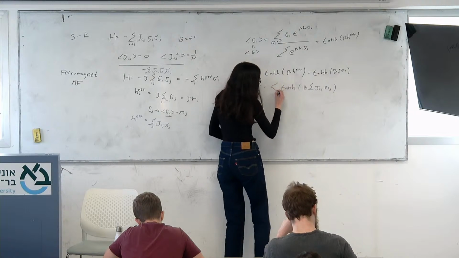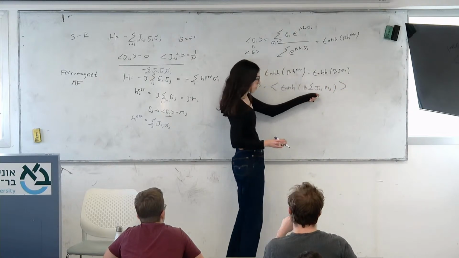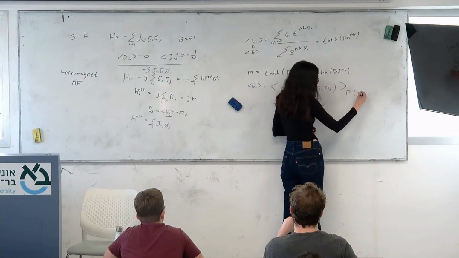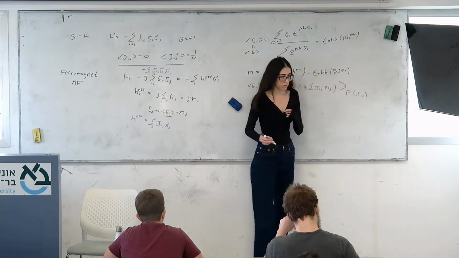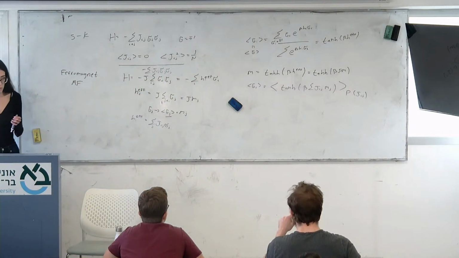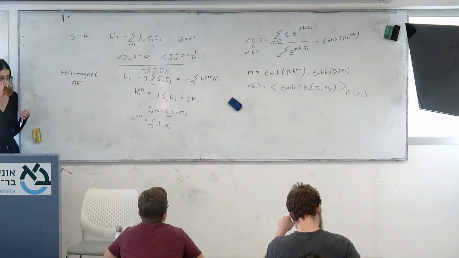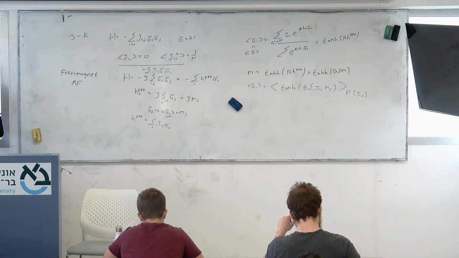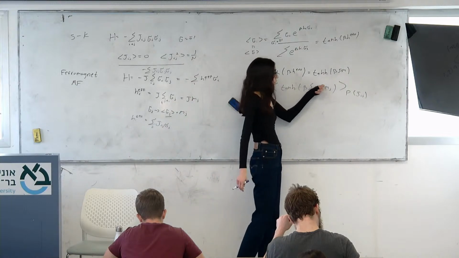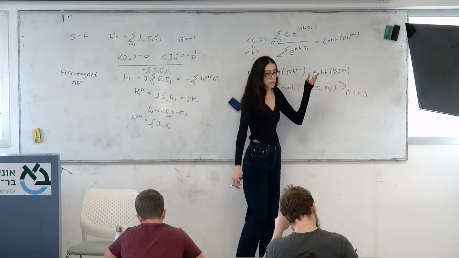And all of that is inside an average because this is still a variable with respect to the probability of Jij. So this doesn't have to be a disordered system, right?